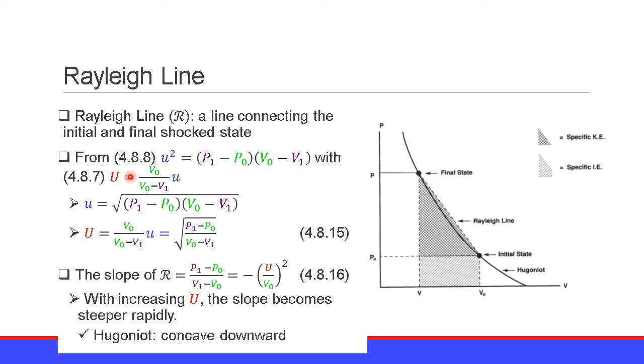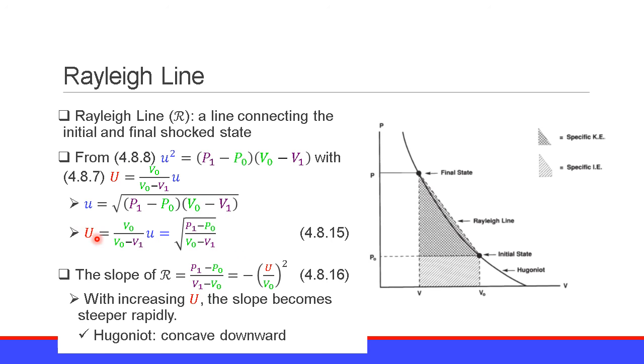With equation 4.8.7, the shock velocity U is equal to v0 over v0 minus v1 times the particle velocity u. So from equation 4.8.8, we directly have the particle velocity u equal to the square root of p1 minus p0 times v0 minus v1.